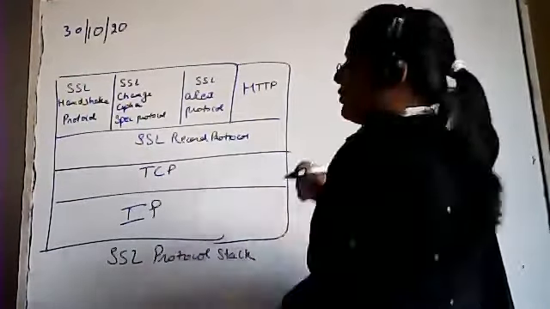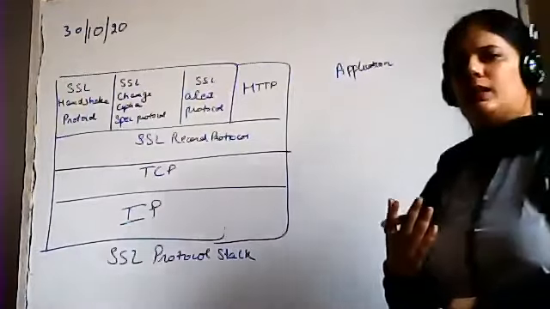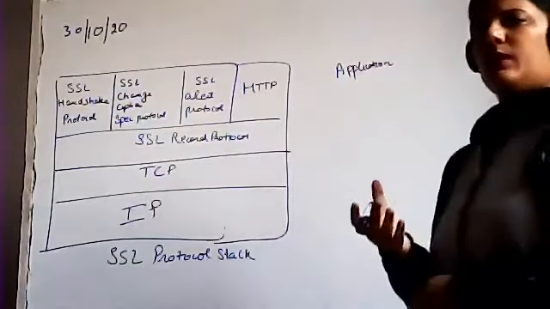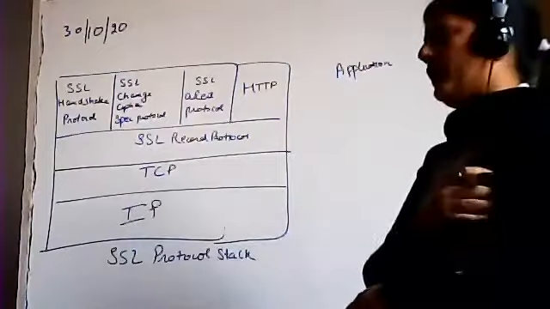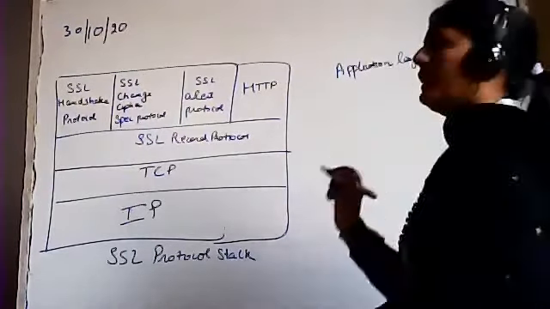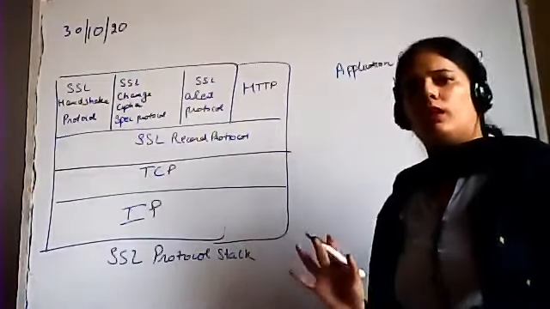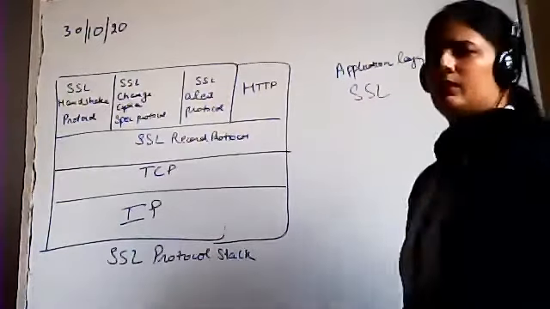As you might be aware of all the layers in a network, you have done this topic in your computer networks also. So we have different types of layers over here, like the application layer, and if we want to make the transmission secure at a particular layer, then we have a special layer, that is the Secure Socket Layer.